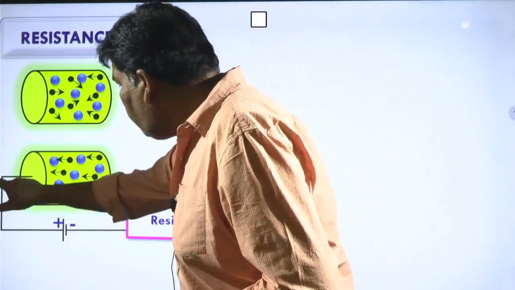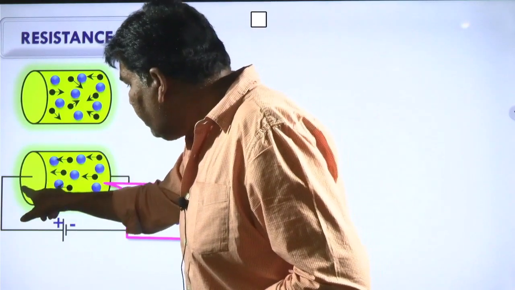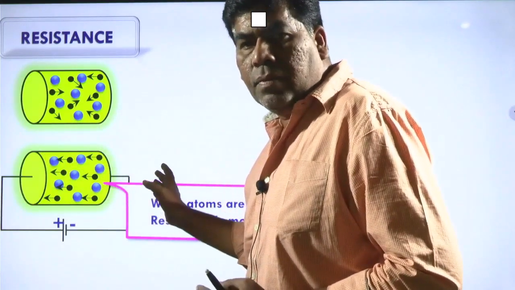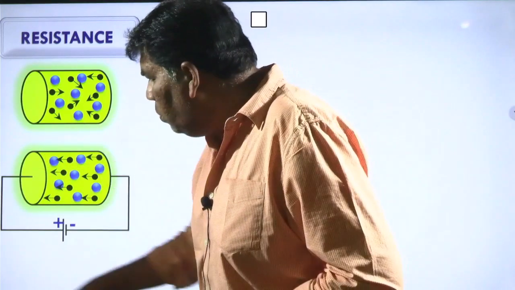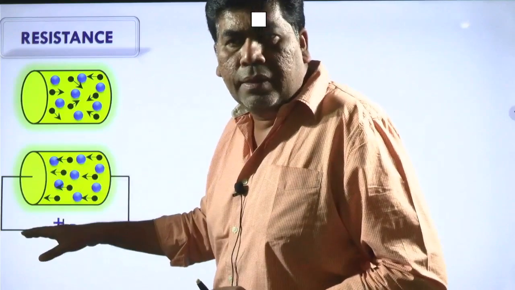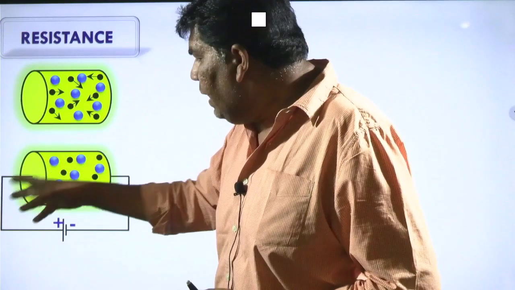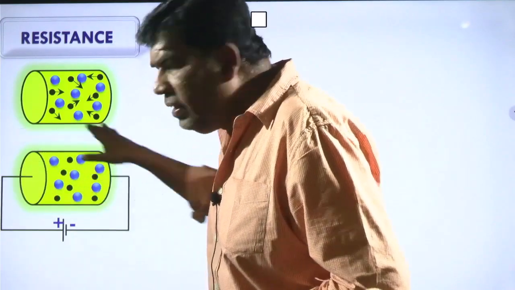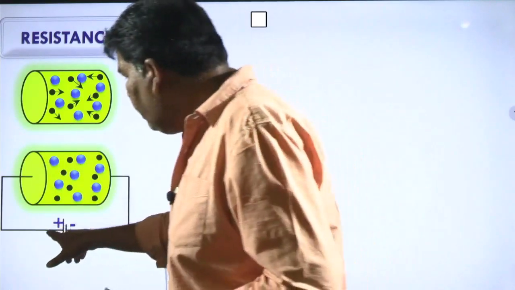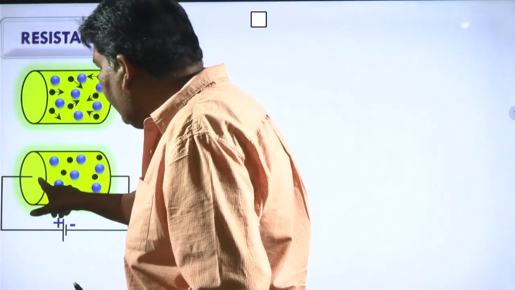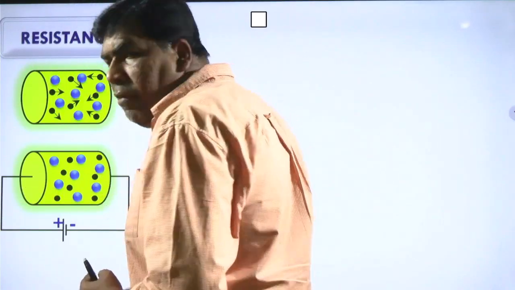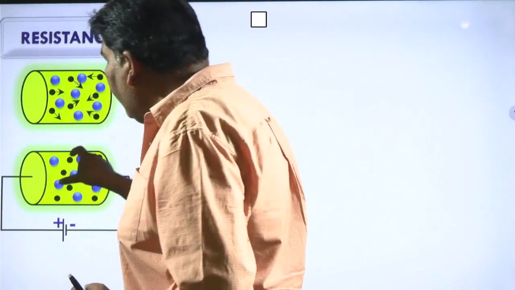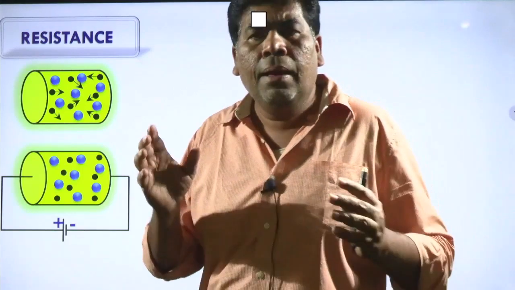When it is flowing through the conductor, it has to pass from one end of the conductor to the other end, because this circuit has to be continuous; only then can we observe the power supply and the lighting. So this flow of electricity should be continuous, meaning the electrons have to enter from one end of the conductor and come out from the other end. While going like that, inside the conductor we have so many particles.